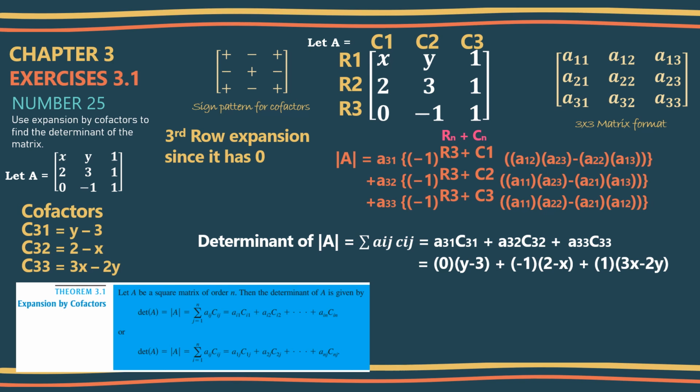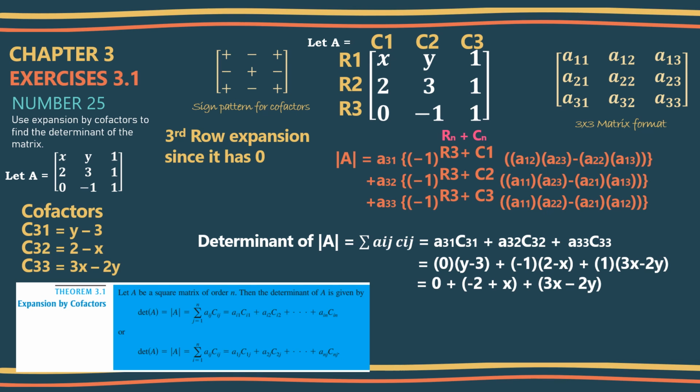We use this formula, then we substitute the given values. We have 0 times y minus 3 plus negative 1 times 2 minus x plus 1 times 3x minus 2y. 0 times y minus 3 is 0. Negative 1 times 2 minus x is negative 2 plus x. And 1 times 3x minus 2y is 3x minus 2y.